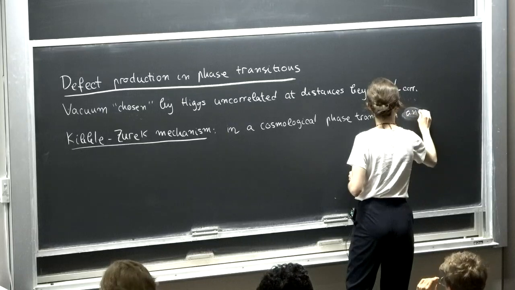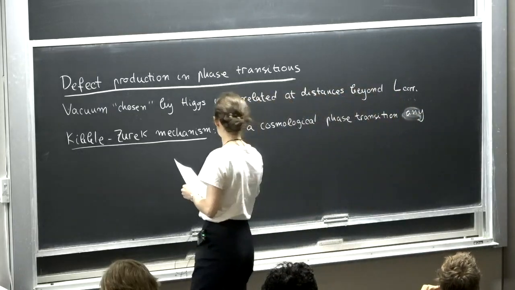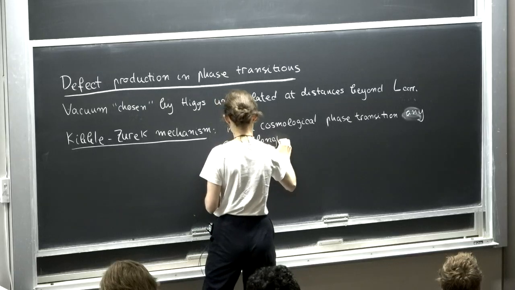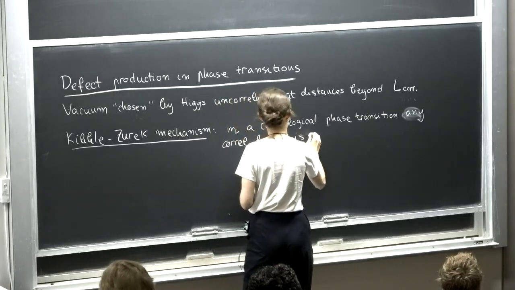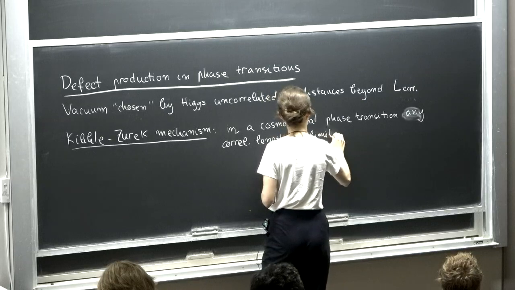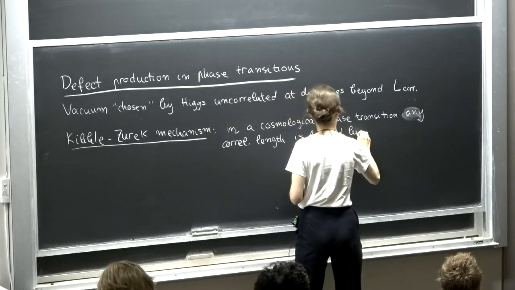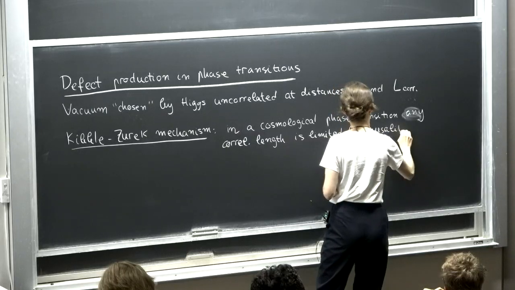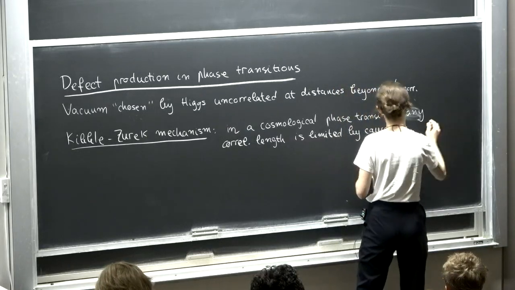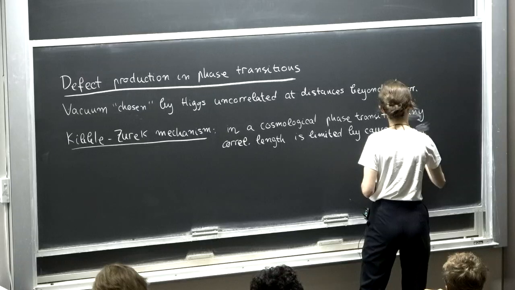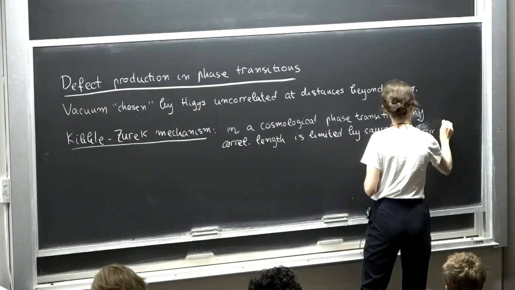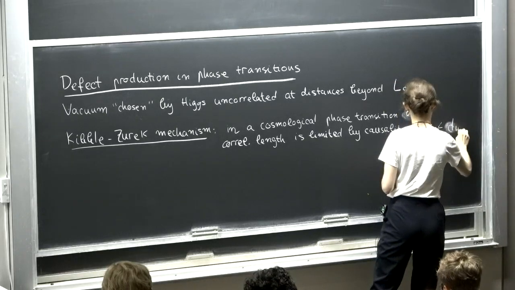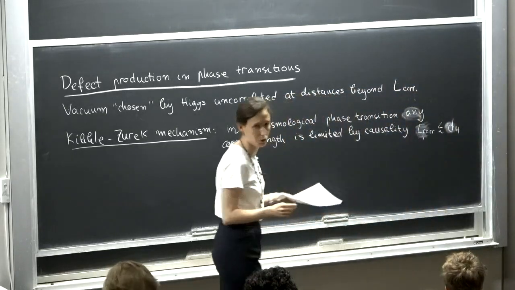It is limited by causality to be smaller than the Hubble radius, the size of the particle horizon, at the time of the transition.